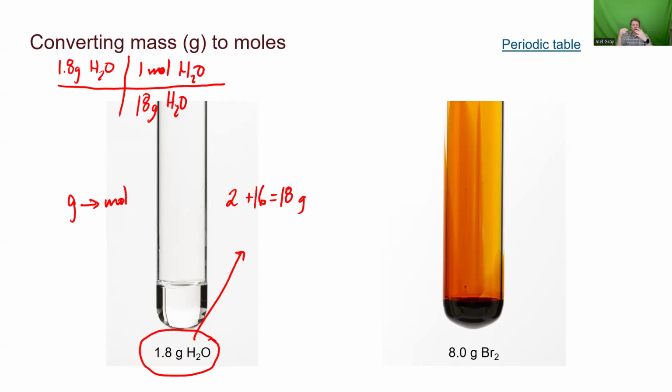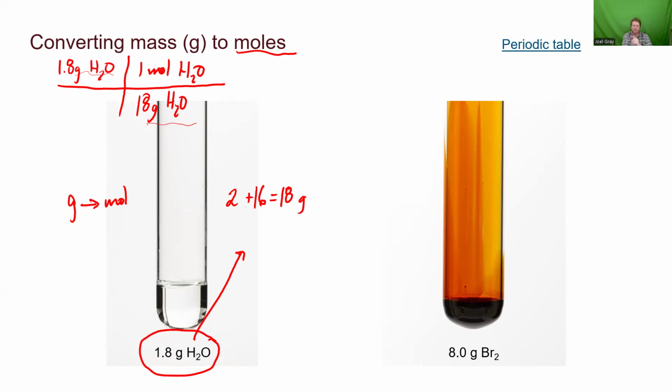Now, when you get to this part of the problem, you have to think about where you're going. Well, I'm going to moles. And when you look at the math, grams of H2O are on the top and grams of H2O are on the bottom, so they would effectively cancel out. So I'll multiply everything on the top half of my dimensional analysis.